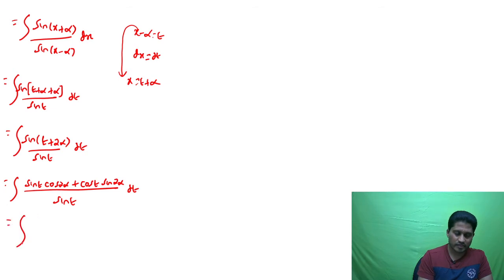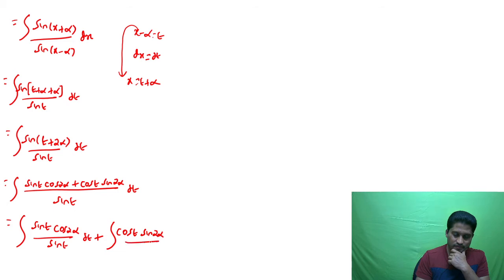So this is equal to integration of cos 2 alpha upon sin t dt, plus integration of cos t into sin 2 alpha divided by sin t dt.